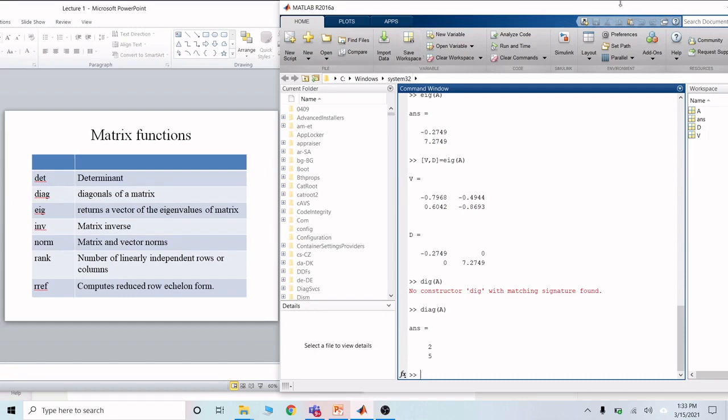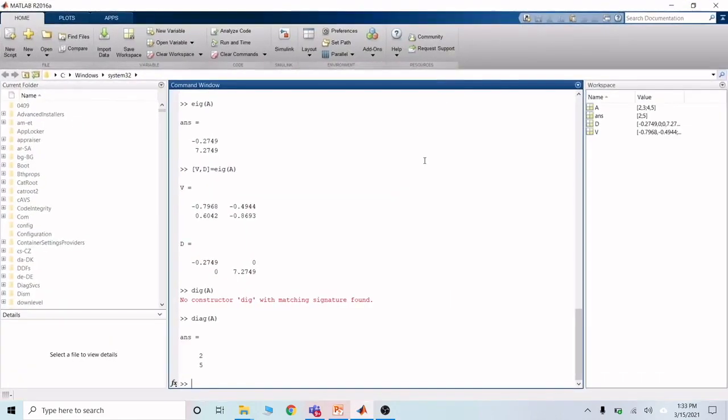This is all about the matrix and using MATLAB: how we can create a matrix and compute with it. Okay. Now we can stop here. Thank you so much.